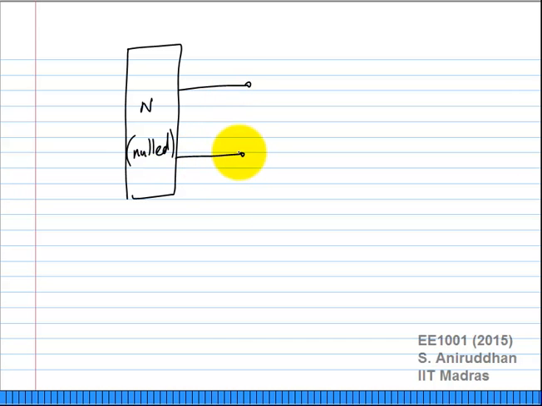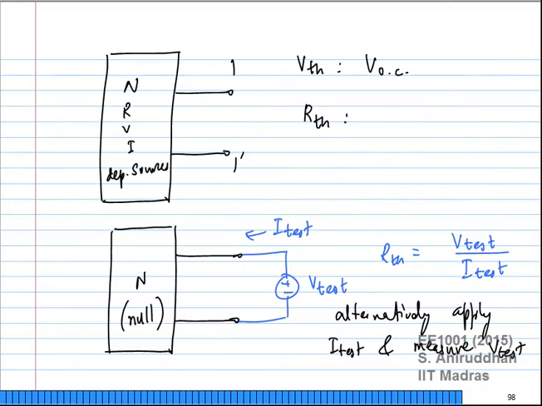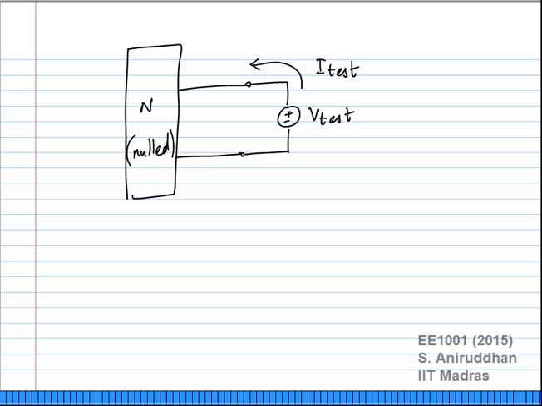So I take this network N, which is nulled. What I am going to do is apply a test voltage V test. I am going to find the current drawn by this test voltage, and I'll call that I test. I take these two terminals of the nulled network and apply a test voltage.